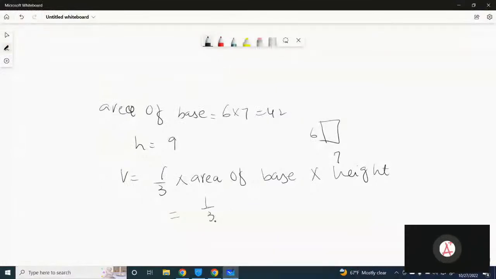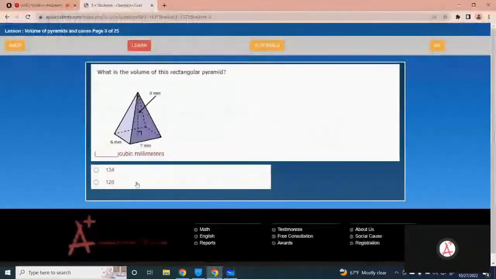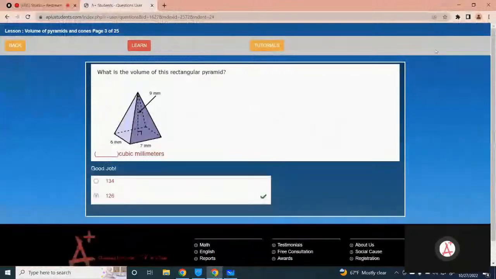Area of base is 42 and height is 9. Let's just do 42 times 9, 378, and then just divide it by 3. So it would be 126. So that means the volume of the rectangular pyramid is 126. Just select the correct option and then click on the OK button.